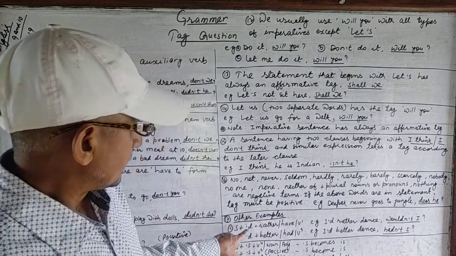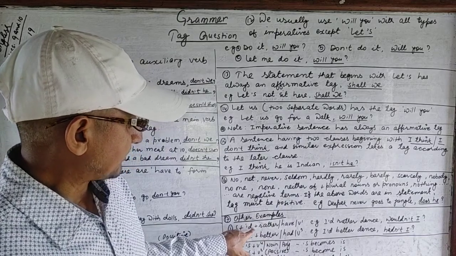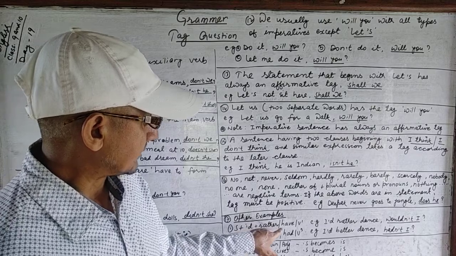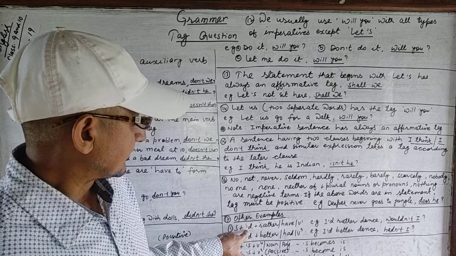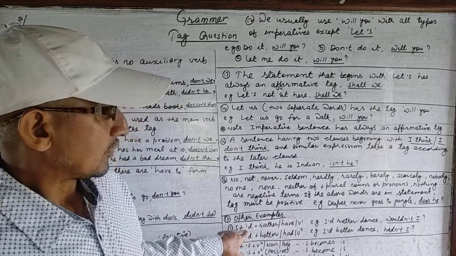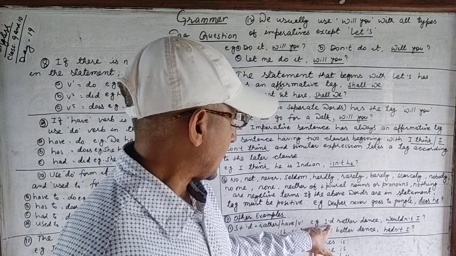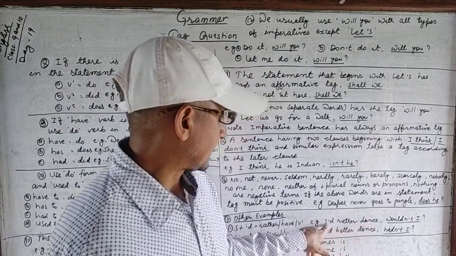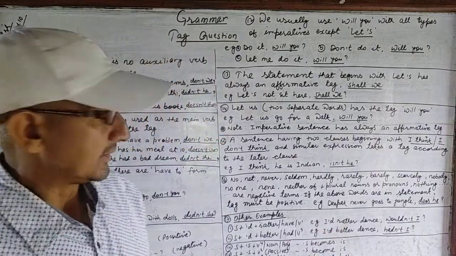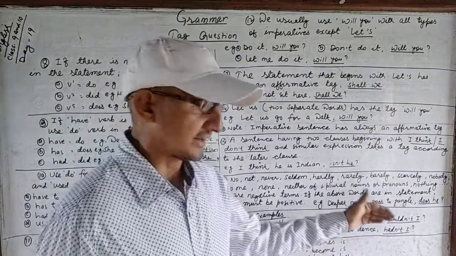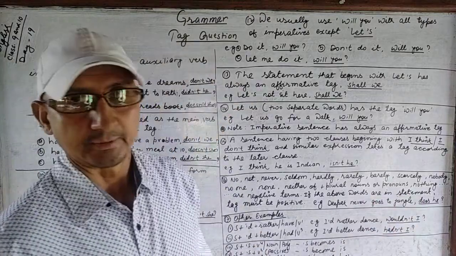After apostrophe d, if there is "rather" or "have" plus V1, we read this as "would". Okay? Let's see the example. I would rather dance. Apostrophe d means it is "would". And we make the tag according to the auxiliary verb, "would".